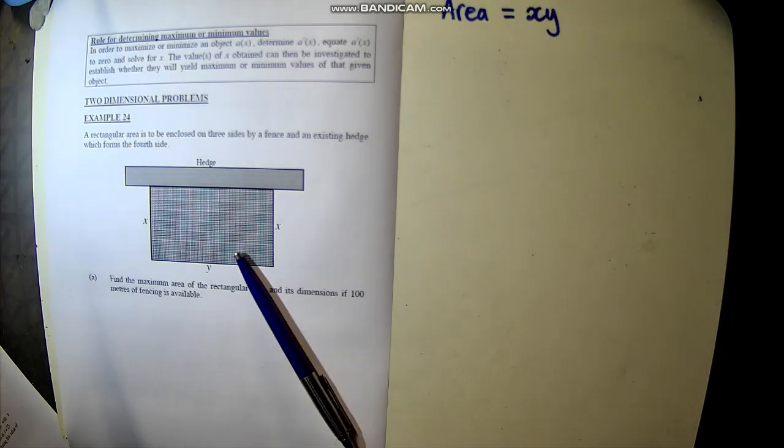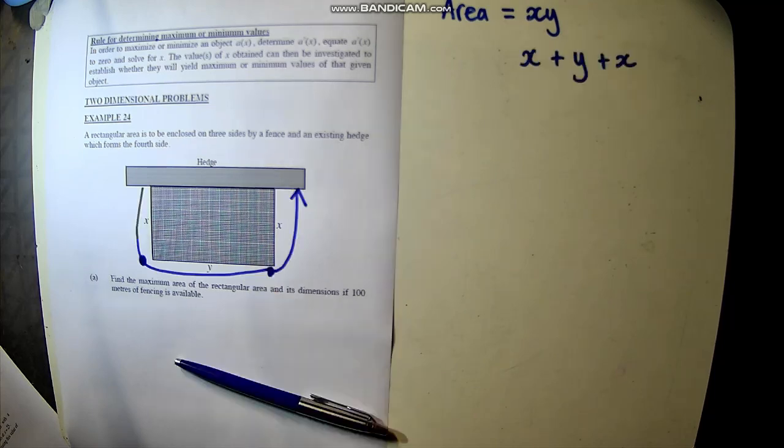So the first thing I'm going to do is calculate the area of the box. Area is equal to x times y. Now in the question it said that the perimeter of the fencing will be x, y, and x as seen in the diagram, and all of that must be equal to 100 meters.